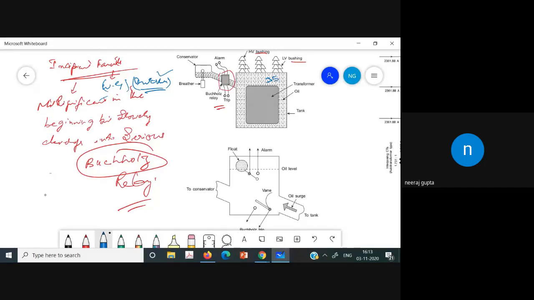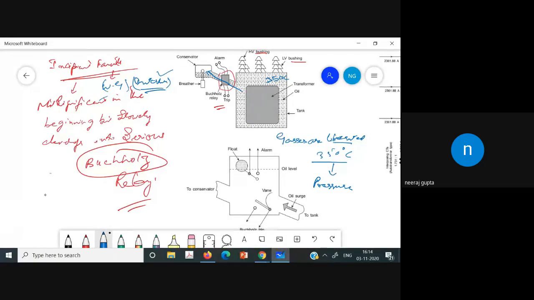When the temperature reaches 350, the gases are liberated, and there is a buildup of pressure causing the oil to rush to the conservator.